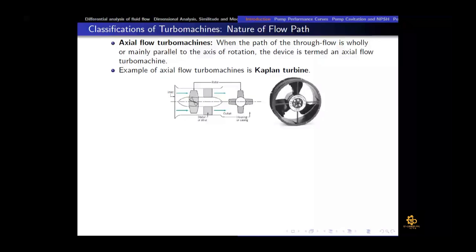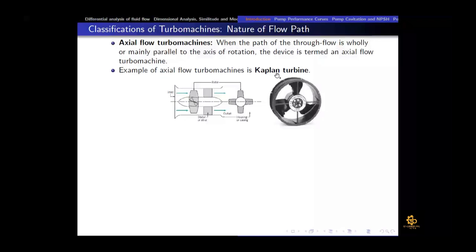It takes air from one side and throws that air on the ICs installed in your CPU. It is also installed in laptops as well, right? So in these kinds of turbomachines, the direction of flow is parallel to the axis of rotation.